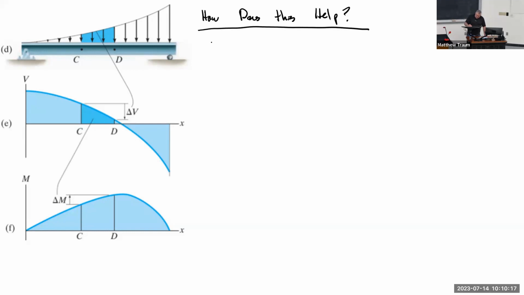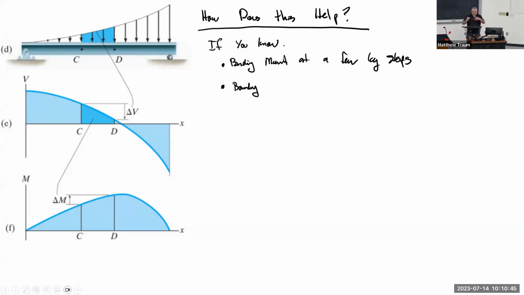So the big takeaway message is if you know a few simple things. If you know the bending moment at a few key spots, so the values, which you can get from a free body diagram, and if you know the boundary conditions, so for those of you who have survived calculus 2, boundary conditions at the end of a beam, from that information you can draw shear diagrams using bending moment slopes.